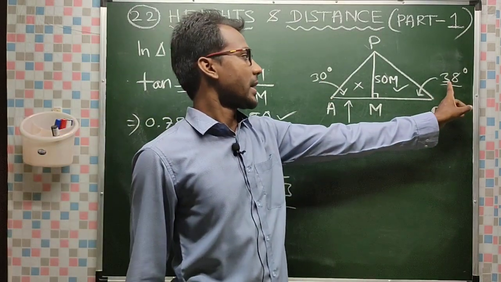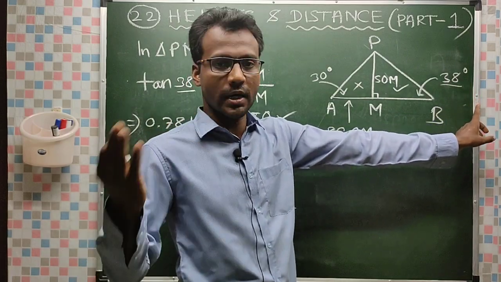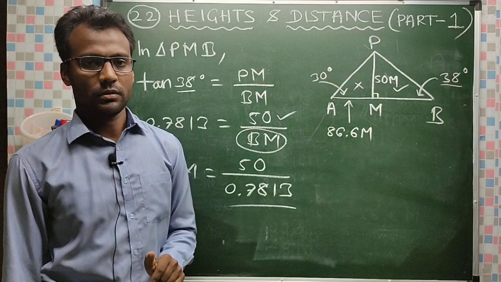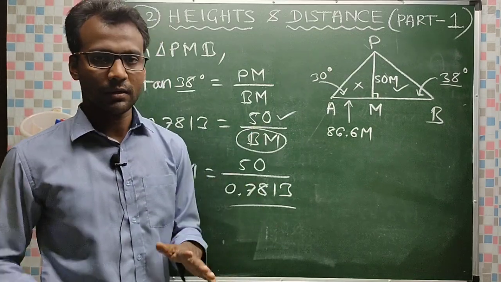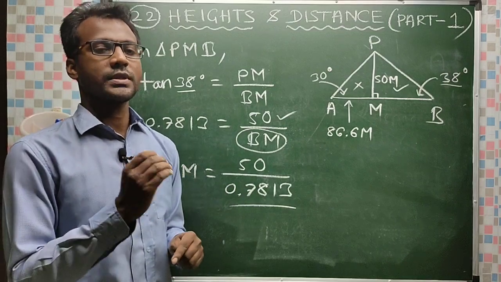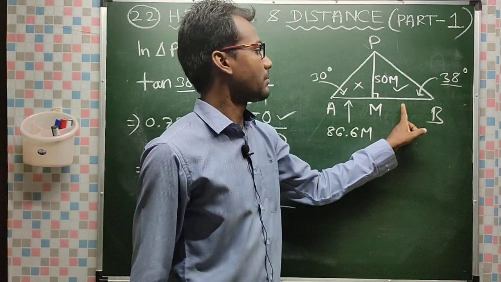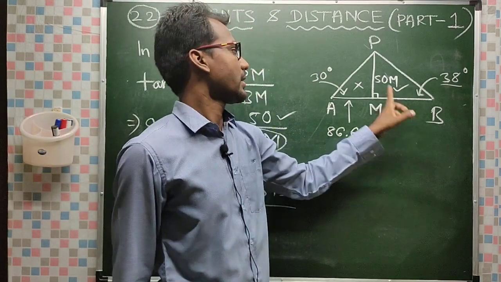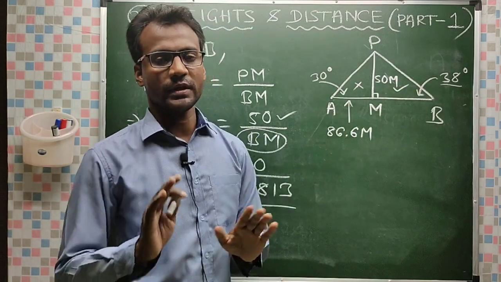But when there is a non-standard angle, you have to be careful. I'm not saying you should not use tan theta. Use tan theta if the unknown side will come in the numerator. Suppose MB was given and PM you have to find, then use tan 30 degree and you will not face any problem.